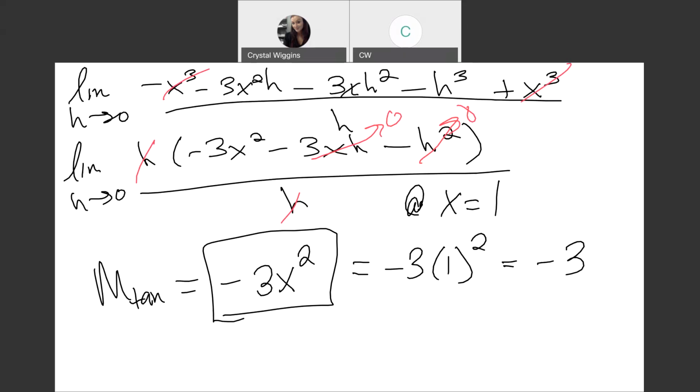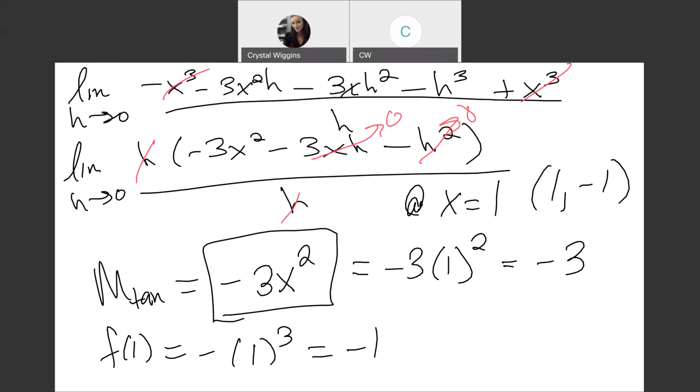In order to complete the problem, I need the y value that corresponds to 1. And in order to do that, we need to go back to the original function, negative x cubed, in order to find what the y value is, and it is negative 1. So we know this is the point 1, negative 1. Using our point slope form, y equals negative 3, the slope, times x minus 1, plus a negative 1, which is our y value.